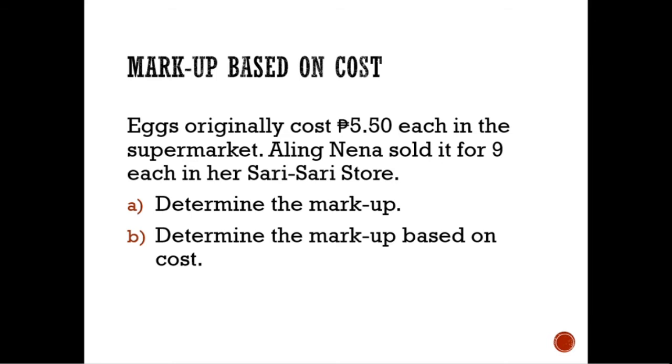Markup can either be based on cost or based on selling price. Let us have this example. Eggs originally cost 5 pesos and 50 centavos each in the supermarket. Aling Nena sold it for 9 pesos each in her sari-sari store. Determine the markup.